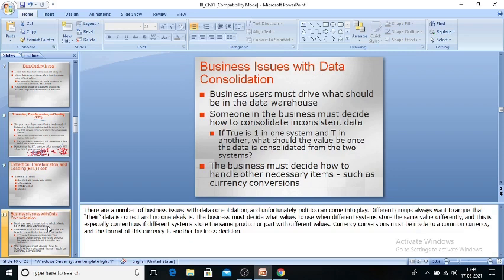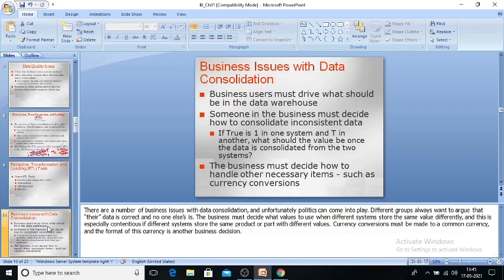Currency conversion must be made to a common currency, and the format of the currency is another business decision. See here now, whether I need to convert all the currencies into rupees, or all the currencies into euros, or all into dollars, or all the currency into pounds. What should I do?